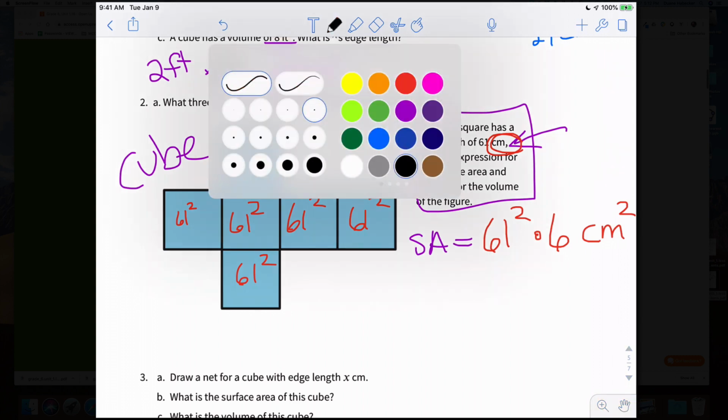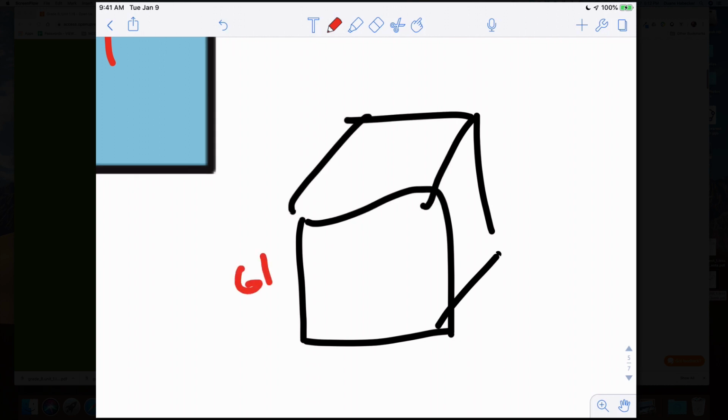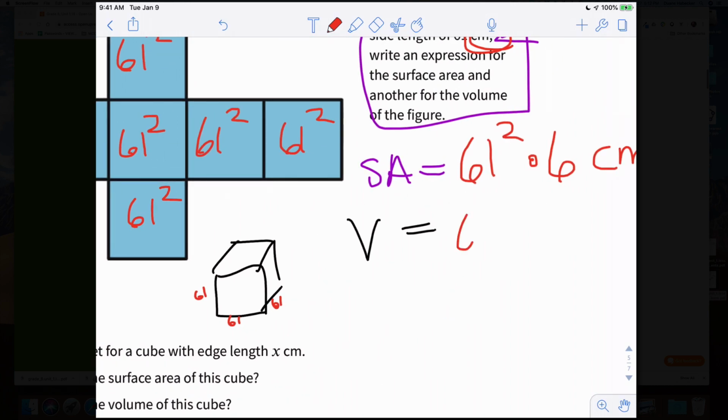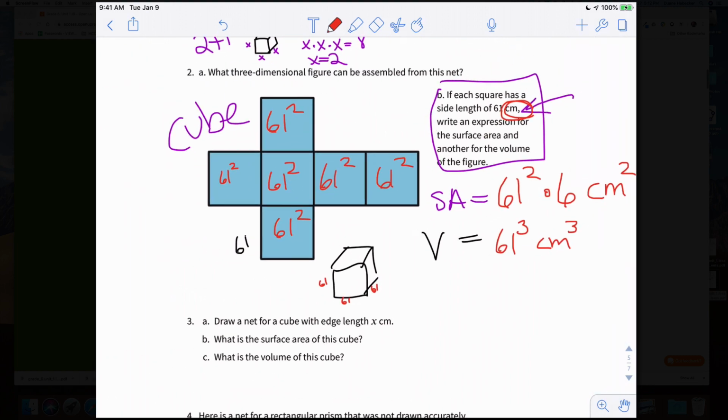All right, now we want to do volume. And we know that each edge length of this cube is 61. So since each edge length is 61, right here, right here, right here, that means our volume is going to be 61 to the third power, and our units are going to be centimeters cubed.